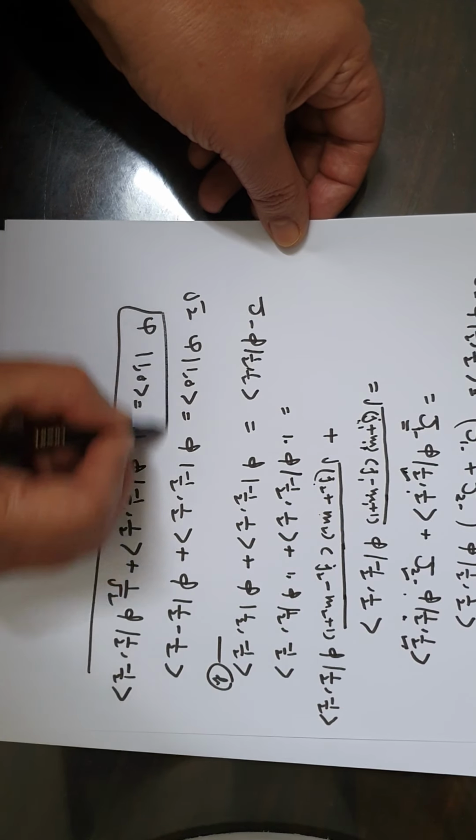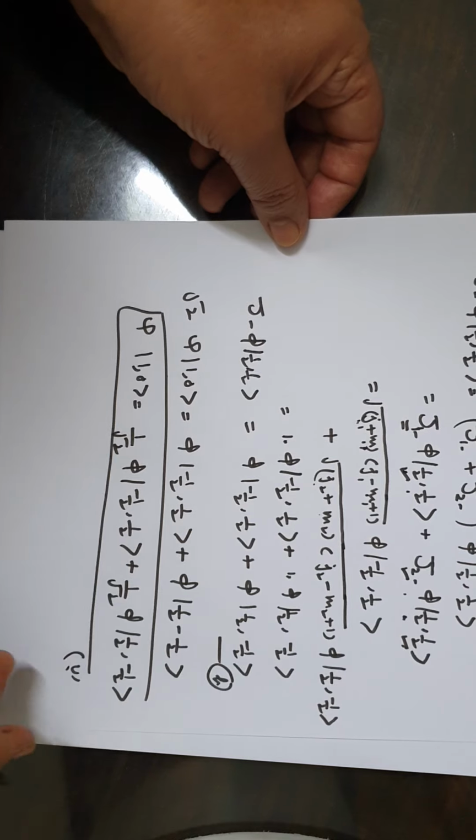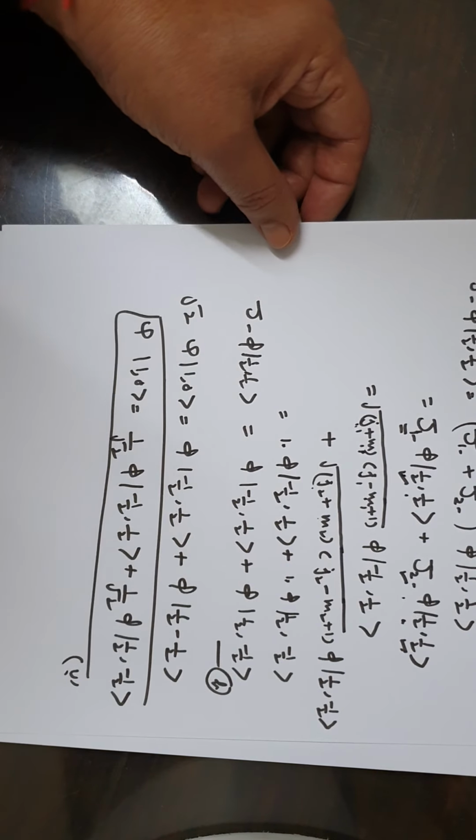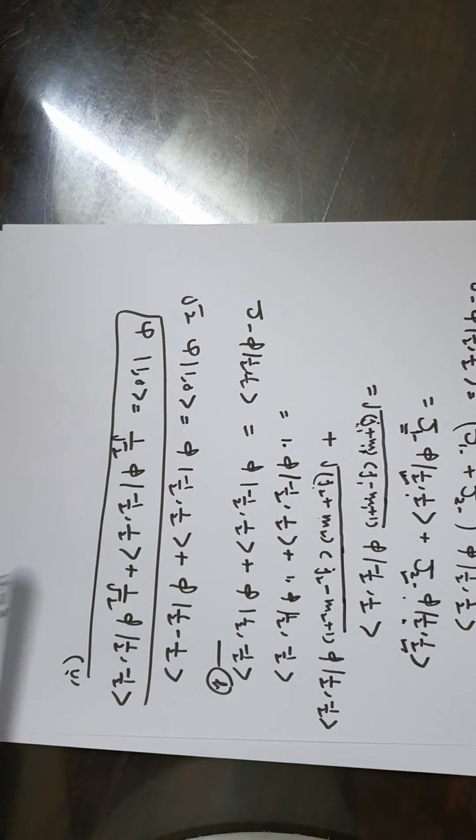Let's name it as equation 5 and compare it with the equation which was already there.